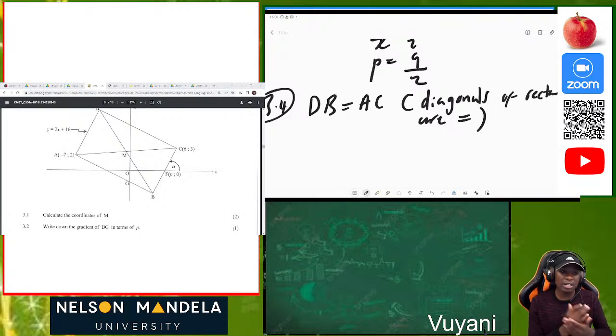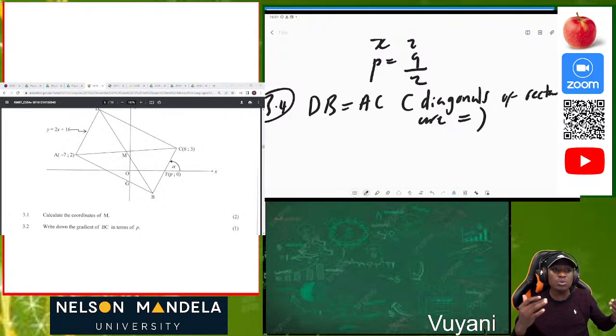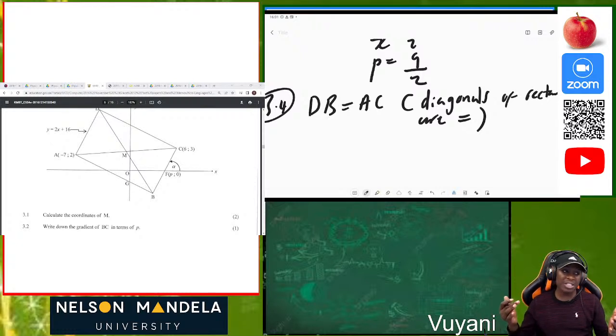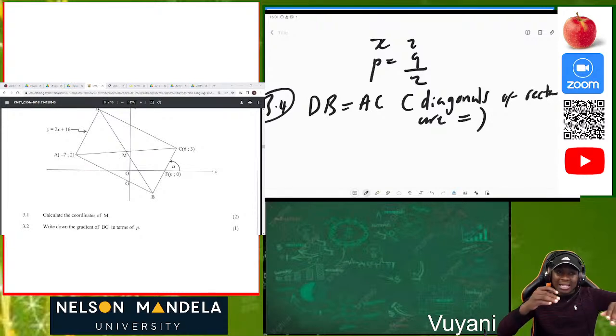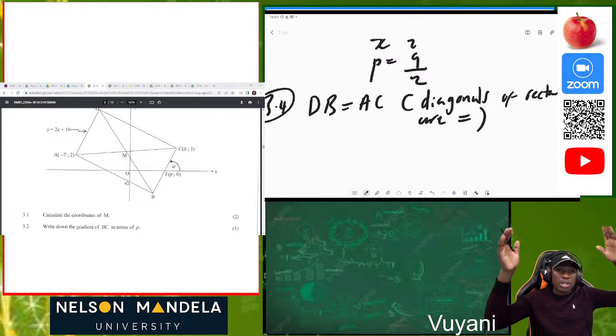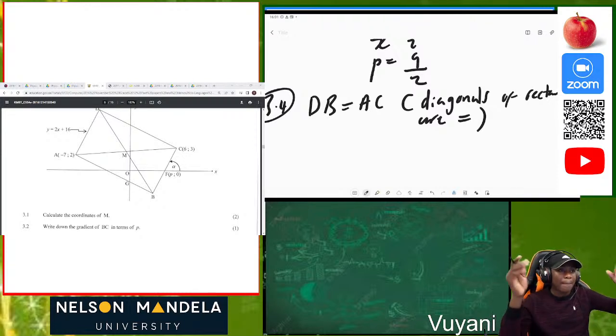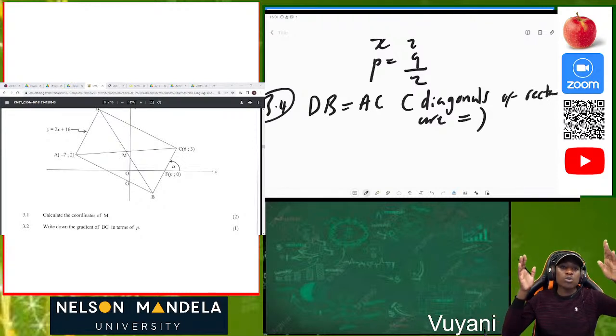That way you can apply the same knowledge about the specific shape you are given. In this instance, we are given a rectangle. One of the things we know about a rectangle is that the diagonals are equal, and the opposite sides are parallel and equal in size.